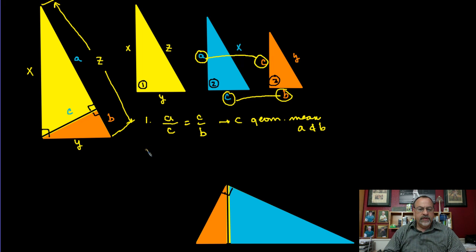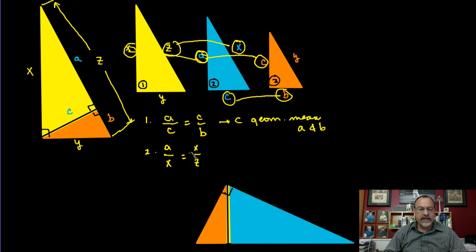Okay. The second property we want to look at is if we compare triangle 2 to triangle 1. And you'll notice that in both of these I have an x. So let's see if we can compare the x. So the A of the blue triangle goes with the x of the original triangle, and therefore the x of the blue triangle goes with the z of the original triangle.